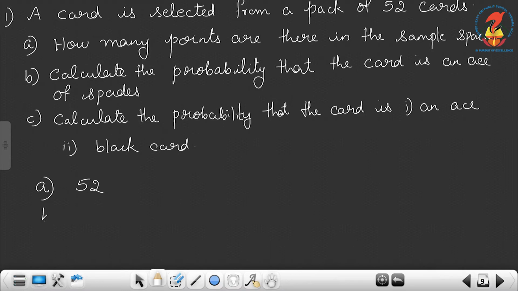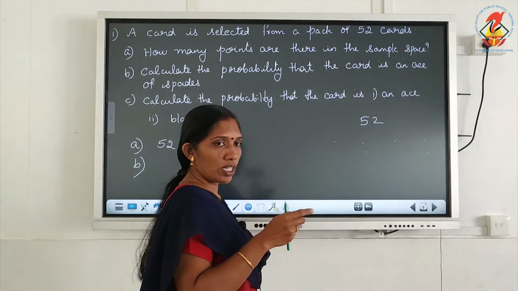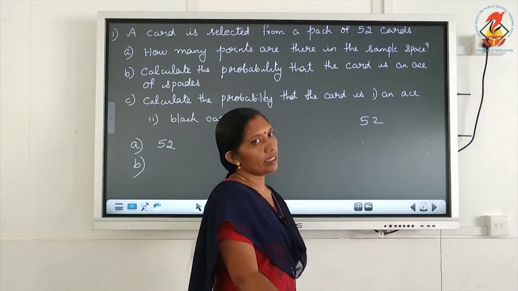Now the second one, calculate the probability that the card is an ace of spades. So the 52 cards are divided into four types: spades, clubs, diamonds, then hearts. In each suit there are 13 cards.